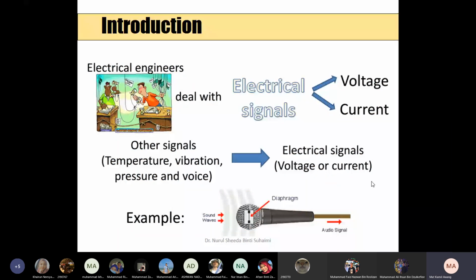An electrical engineer takes any other signals and converts them into electrical signals, voltage and current, and does the processing. The other signals can be temperature, vibration, pressure, voice, and whatnot. If we take the example of a microphone, the sound wave goes into the microphone and vibrates the diaphragm and produces the audio signal, which you may then transmit through the air. These are things that you do in electrical engineering, in communication engineering, for example.